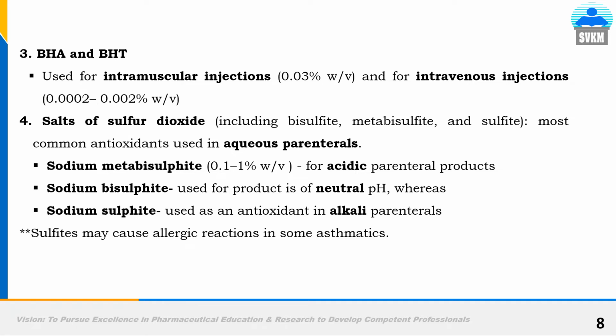The examples are sodium metabisulfite in 0.1 to 1% concentration for acidic parenteral products. We can use sodium bisulfite for the products of neutral pH, whereas sodium sulfite can be utilized as an antioxidant in alkaline parenterals. However, sulfites may cause allergic reactions in some asthmatics.